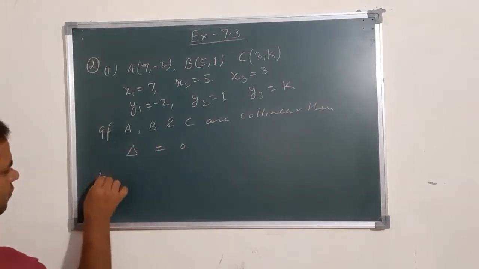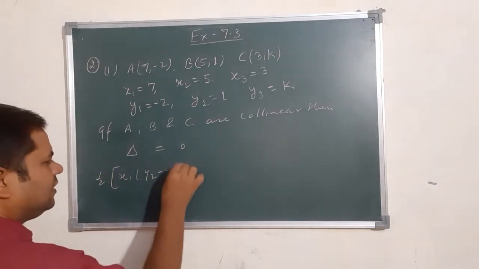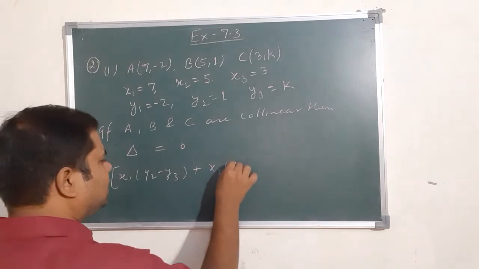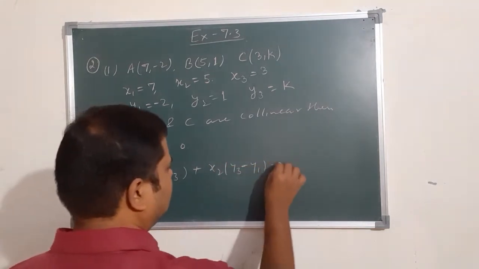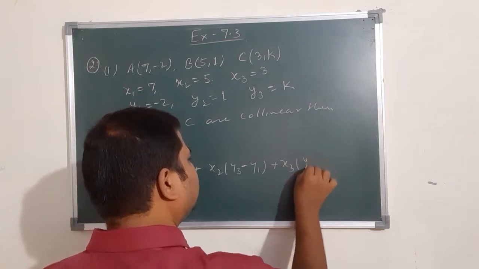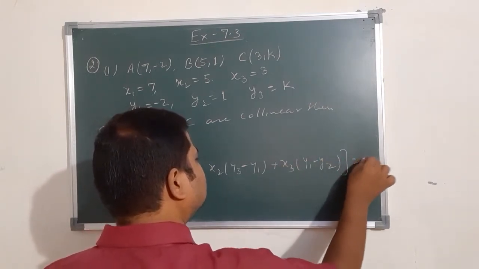That means 1 by 2 x1 (y2 minus y3) plus x2 (y3 minus y1) plus x3 (y1 minus y2) must be 0.